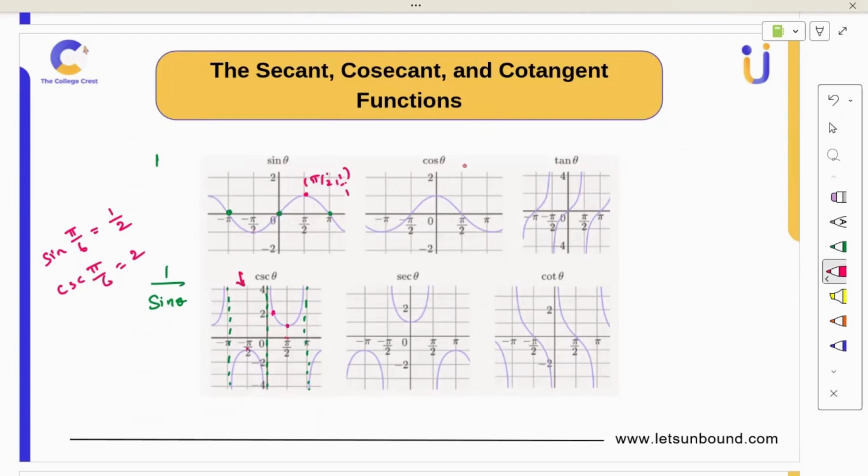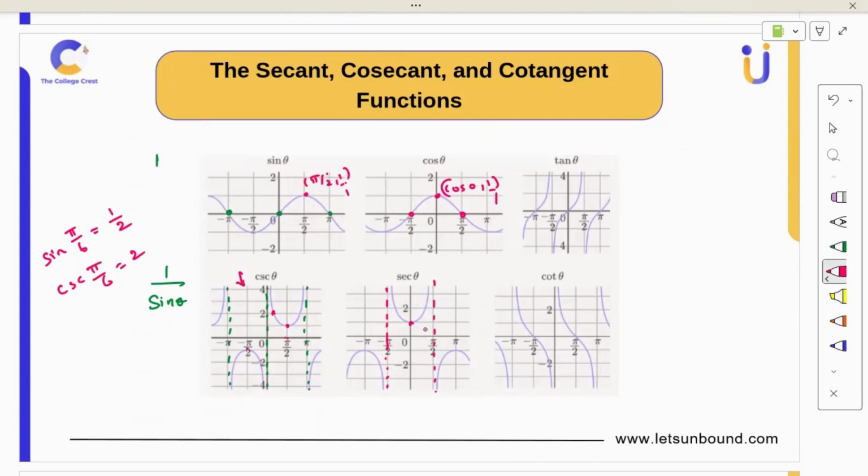And when you reciprocate cos theta, we get secant theta. Cos theta will become 0 at odd multiples of pi by 2, like pi by 2, 3 pi by 2, 5 pi by 2. There will be vertical asymptotes, also at negative odd multiples. And cos 0 is 1, but when you reciprocate, 1 by 1 is still 1.